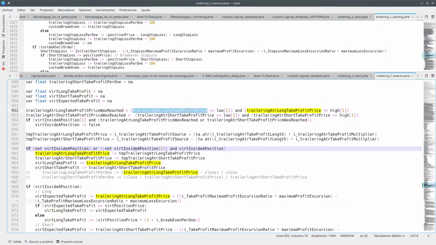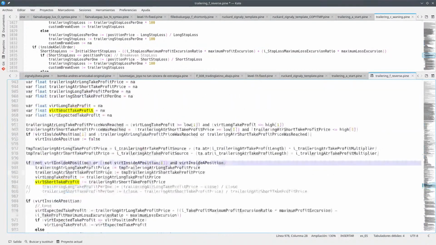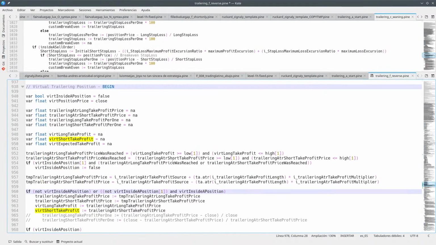Okay, so this thing here, this thing here, and this is the short one, which should be used here.